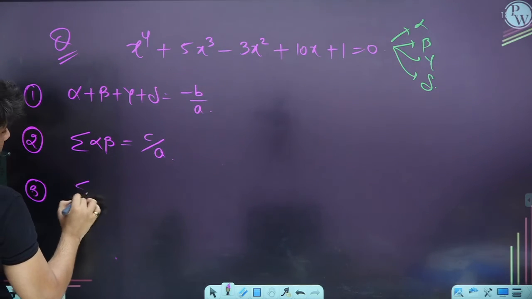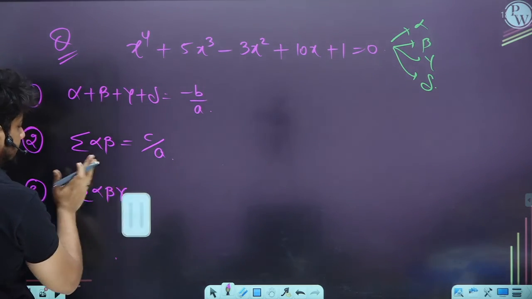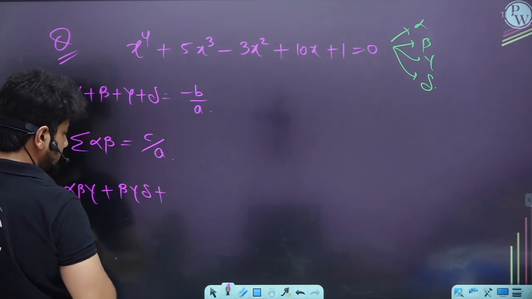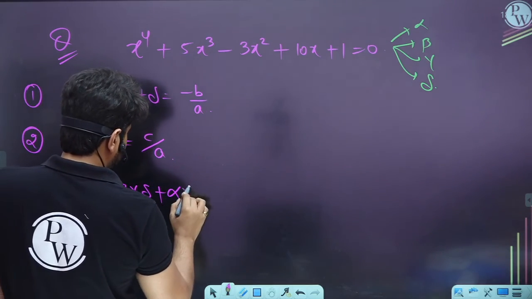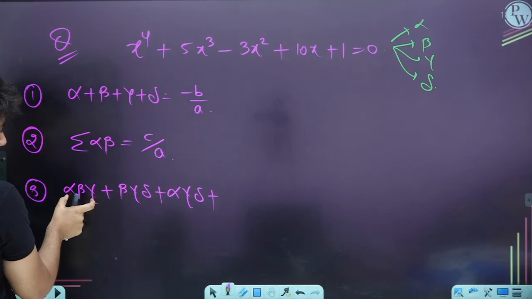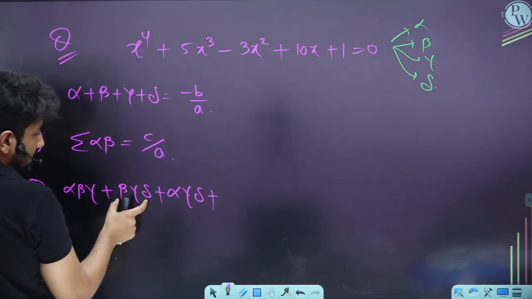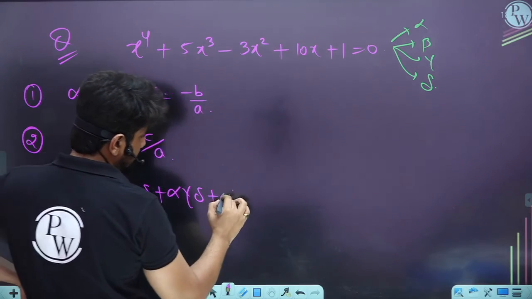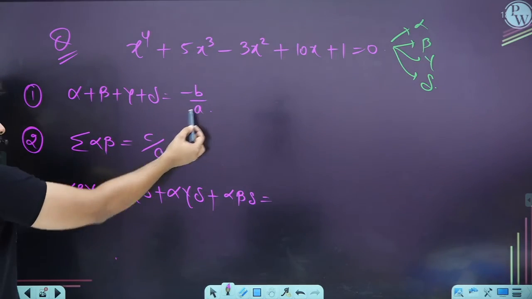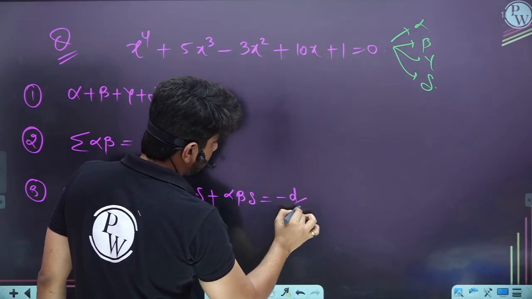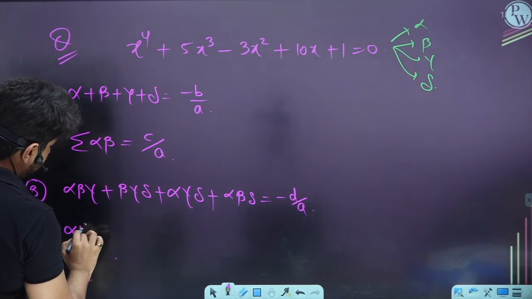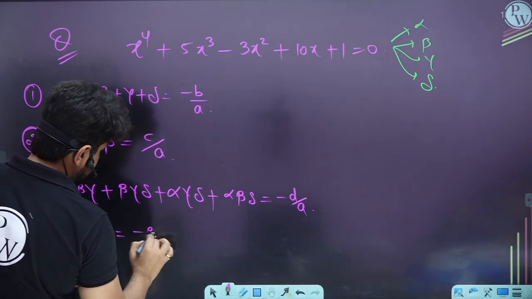Third, the sum of the roots taken 3 at a time: alpha beta gamma plus beta gamma delta plus alpha gamma delta, each time leaving out one root. The pattern continues: minus b by a, plus c by a, minus d by a, and in the end alpha beta gamma delta will be plus e by a.